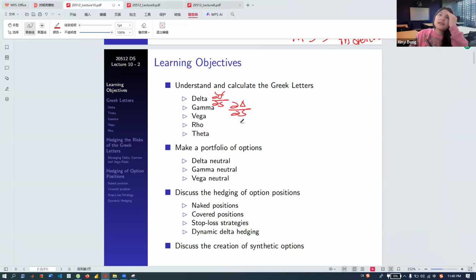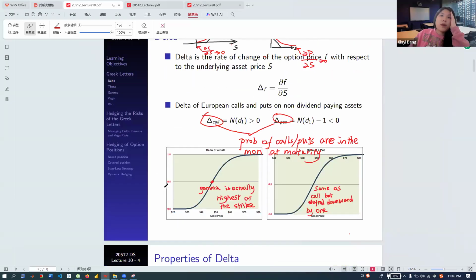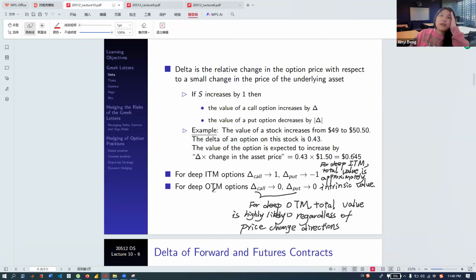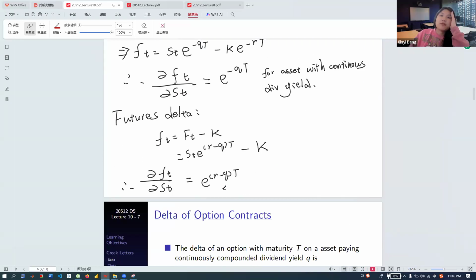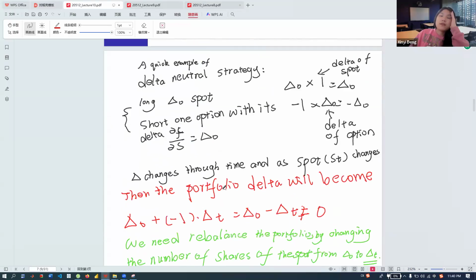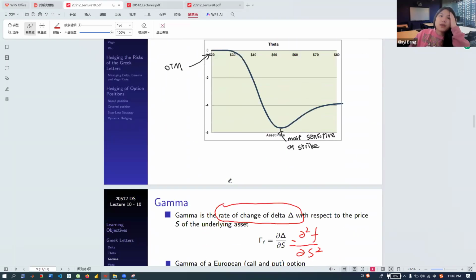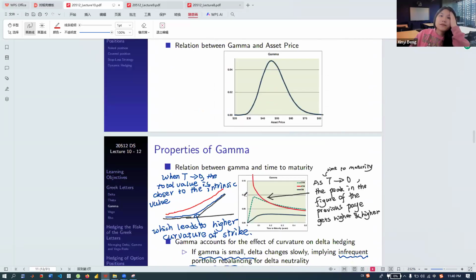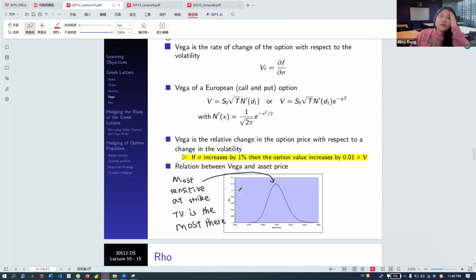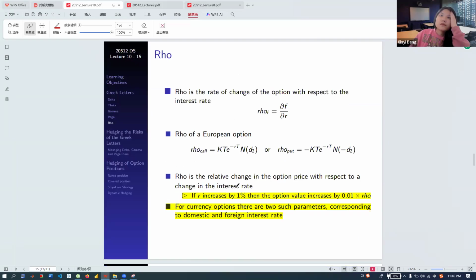Then for vega, it's a first order derivative with respect to volatility. And for rho, let me check, I think rho is a derivative with respect to the interest rate. Interest rate, yeah. Let me just double check. Yeah, it's the first order derivative with respect to r.